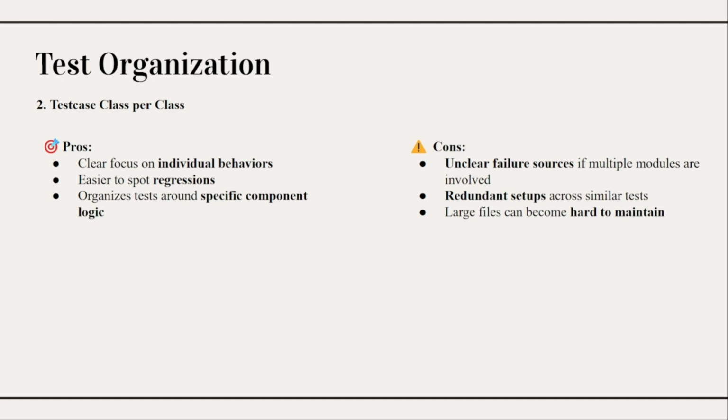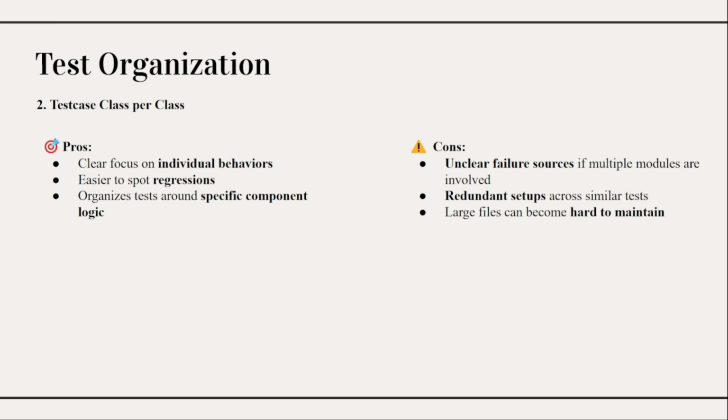The pros of this test are that it gives a clear focus on individual behaviors, making tests more targeted. It's also easier to spot regressions since each test tracks a specific component's logic, and the structure also helps keep tests organized around a single component or module.